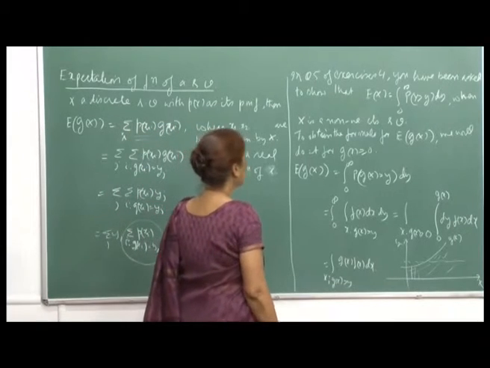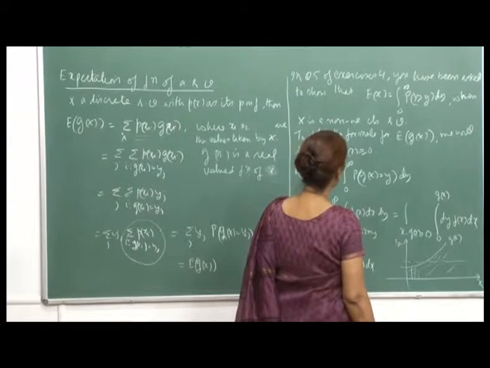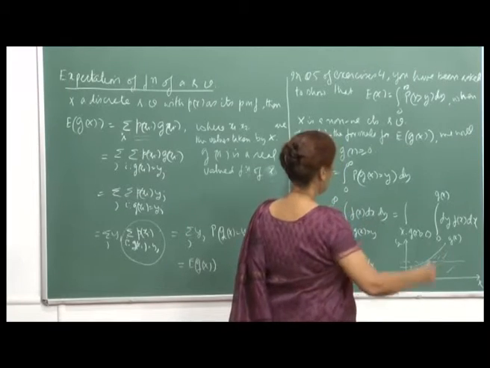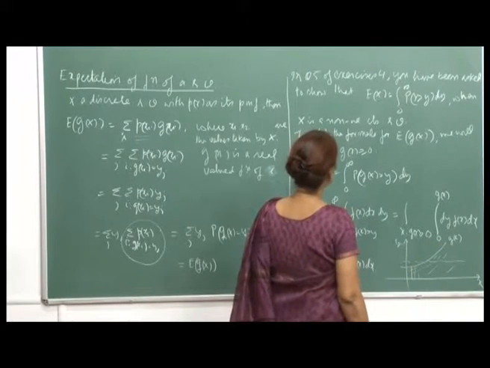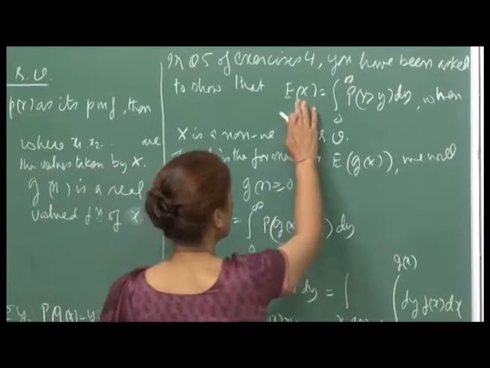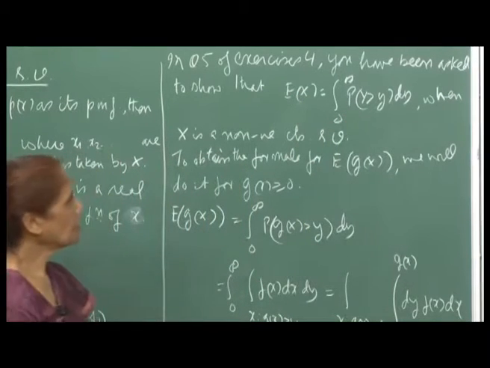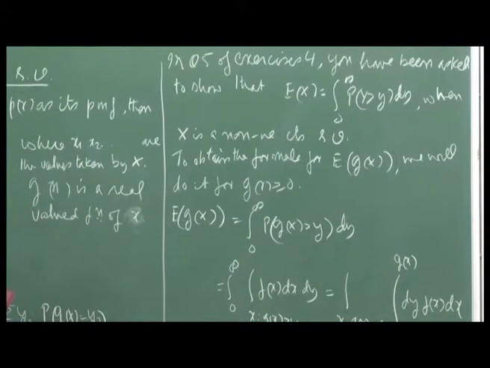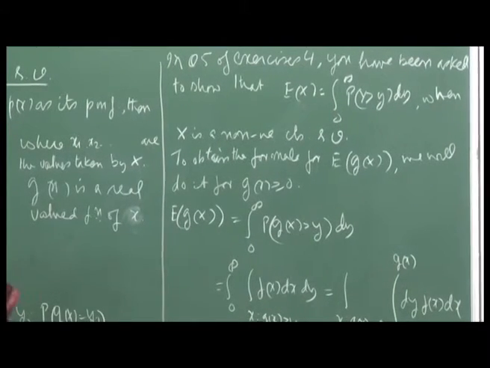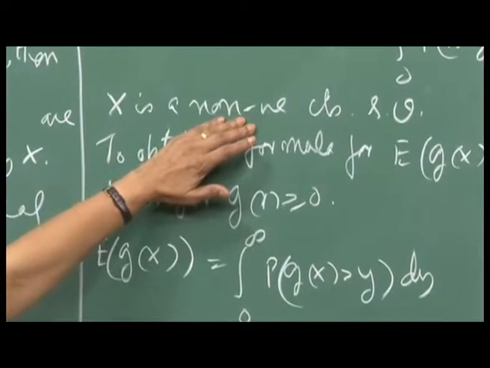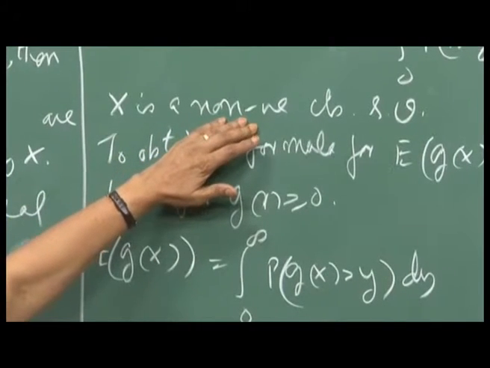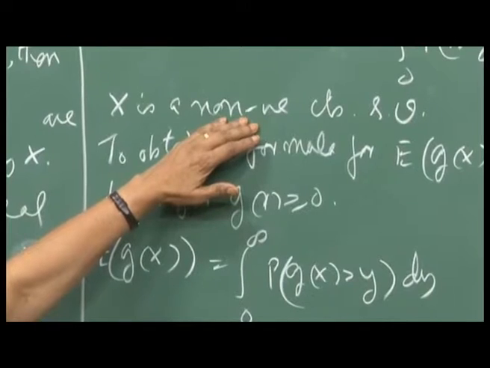Then in question 5 of exercise 4, you have been asked to show, I just discussed it with you, that the expectation of X is the integral from 0 to infinity of the probability X greater than y, when X is a non-negative continuous random variable. Here I am just writing out this expression for the case when X is a non-negative random variable.